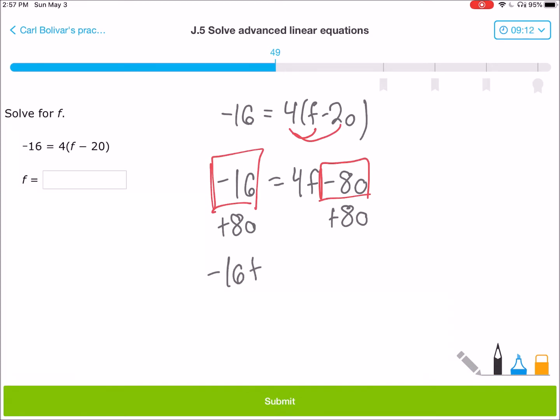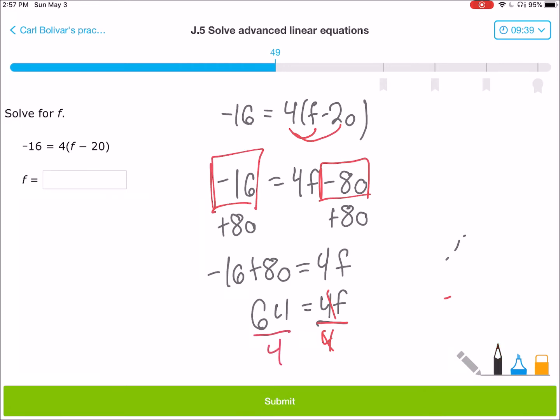This will give me -16 plus 80 is equal to 4f. Now, -16 plus 80 is 64. So let's put 64 is equal to 4f. Now we will divide each side by 4.